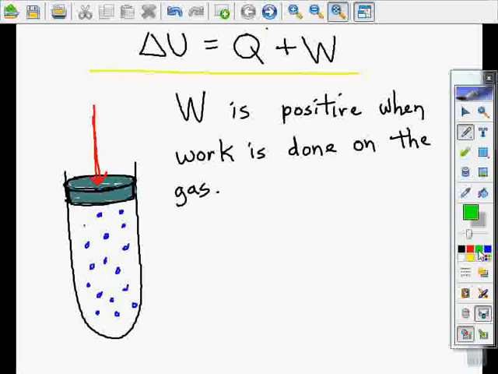That movable top, I'm calling that the piston, has to be pushed down.